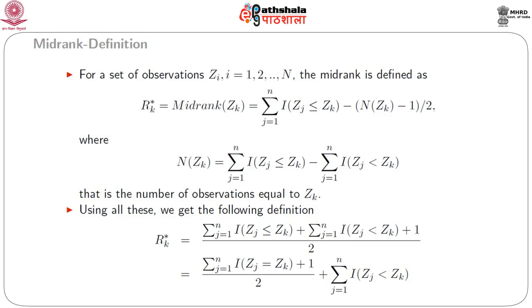Thus, if we incorporate all these into a single quantity, we get the definition of Rk star as the summation over j from 1 to n of indicator of Zj equal to Zk, plus 1, whole thing divided by 2, plus the summation over j from 1 to n of indicator Zj less than Zk.